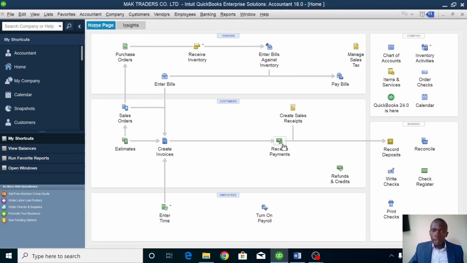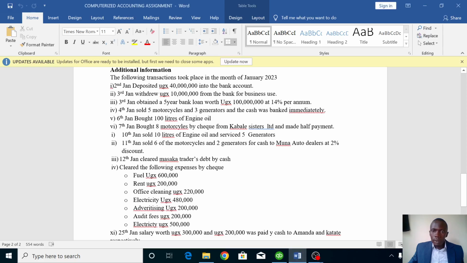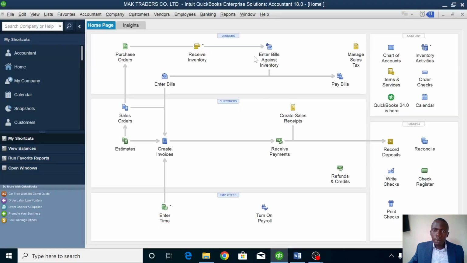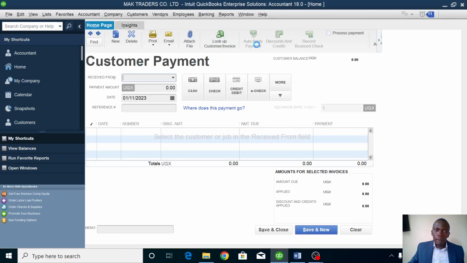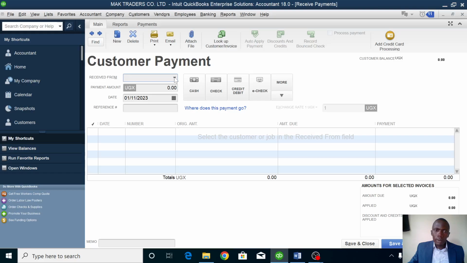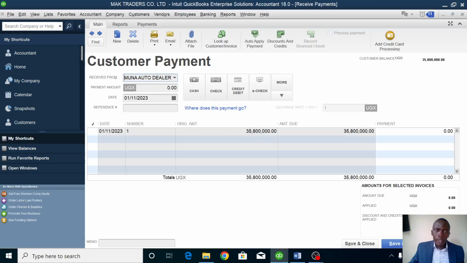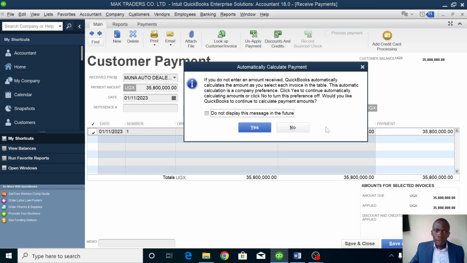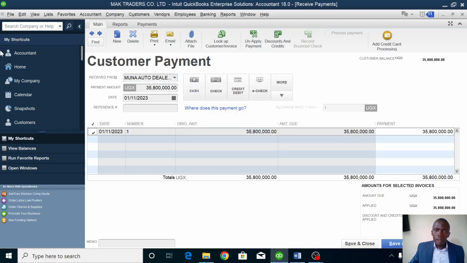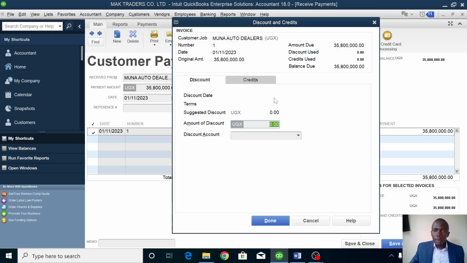So we are saying that we gave them 2% discount. Go back, we go to receive payments. We received cash from Muna auto dealers. The date was that one. So we check this, say okay, say yes, but we gave them discount of 2%.